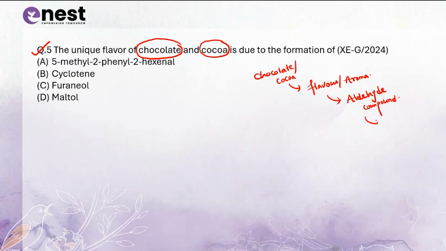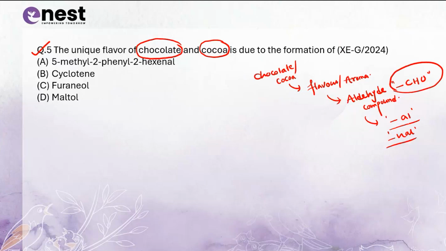It means the compound ends with AL or NAL. Aldehyde compound is there. This is the trick.